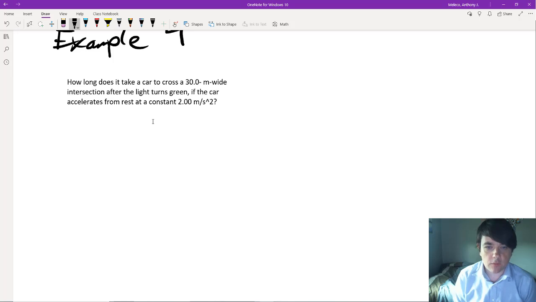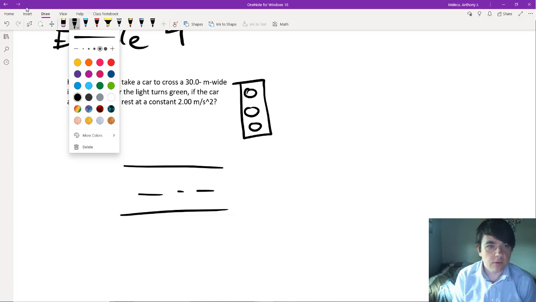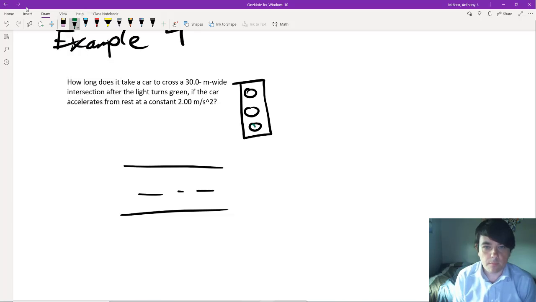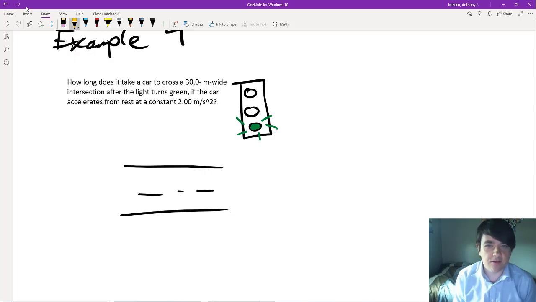We've got an intersection. We've got a light hanging. I don't have green set up as a color, and I don't know how to do where it's not on, so I'm just not going to do the other colors.